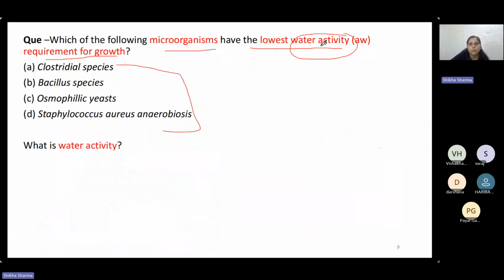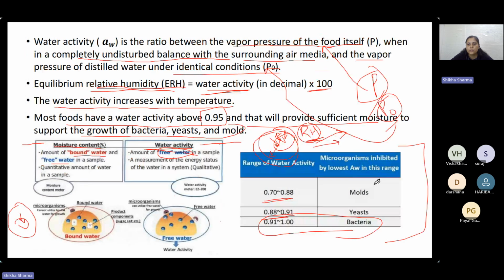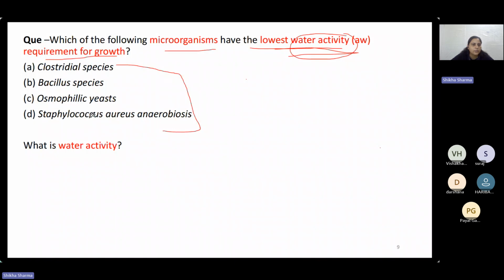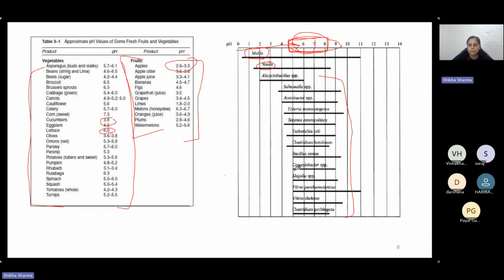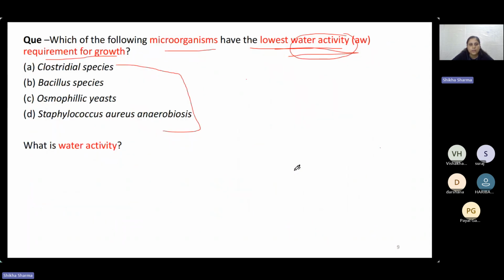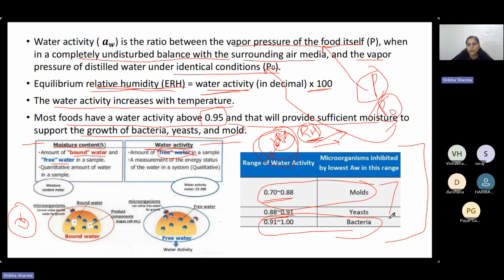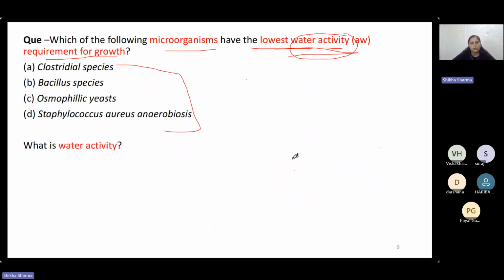So let's see, we need to find the lowest water activity, right? The lowest water activity must be in molds, certain kinds of molds, or sometimes yeast. Which kind of molds or yeast can be in the low water activity range?